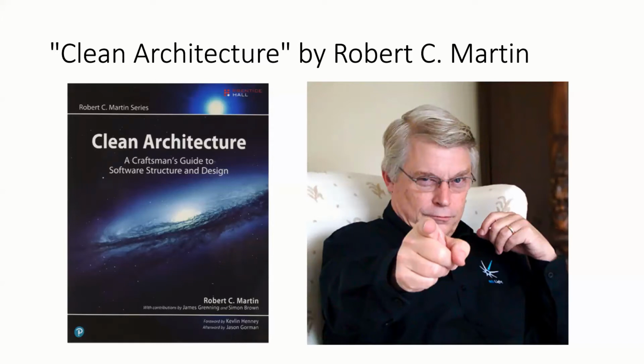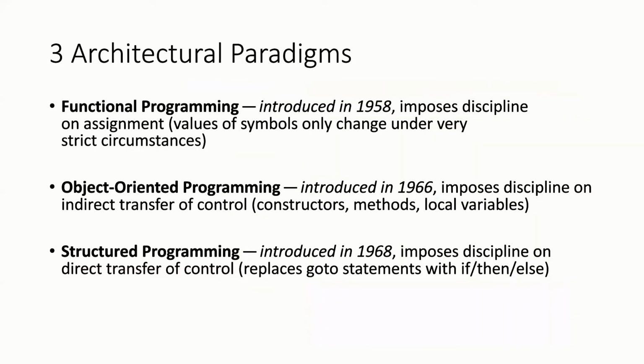This is my understanding from what I was reading, and I would really recommend that everybody has a read of the book. The book starts by describing what is architecture and what are the goals of architecture. One of the key things that Robert Martin points out is there are 3 architectural paradigms that were created, invented, discovered, however you want to look at it, between about 50 and 60 years ago.